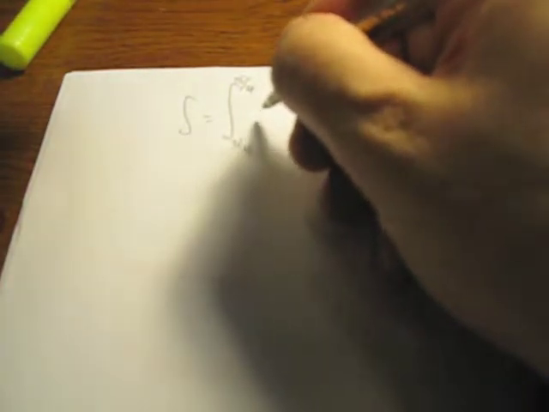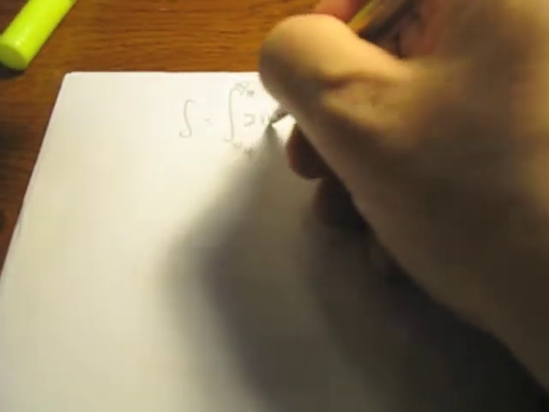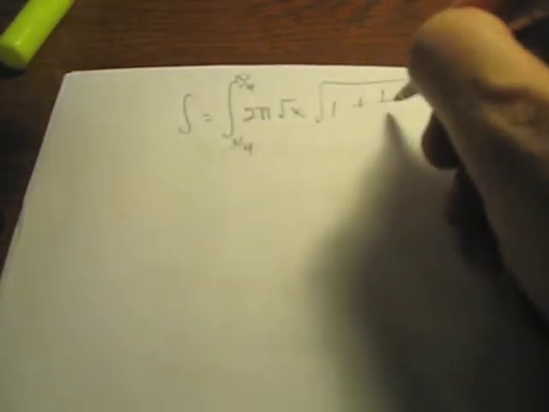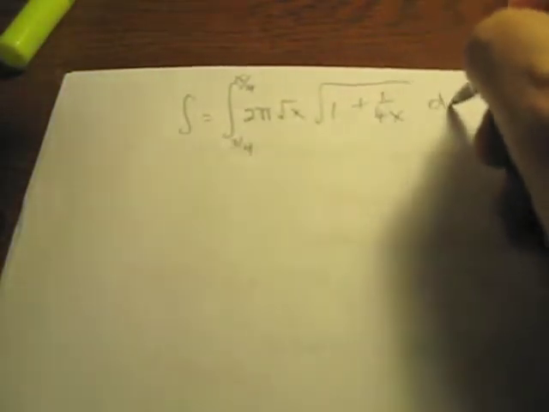Okay, so here's our integral. Alright, the surface area is equal to the integral from 3/4 to 15/4 of 2 pi square root of x by the square root of 1 plus 1 on 4x dx.